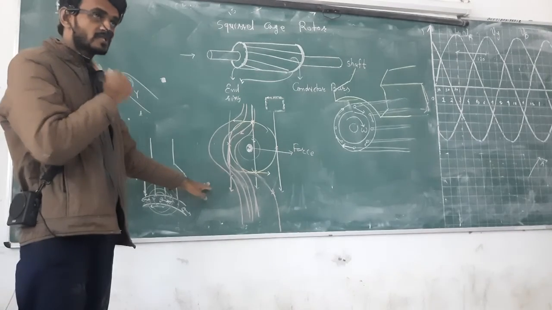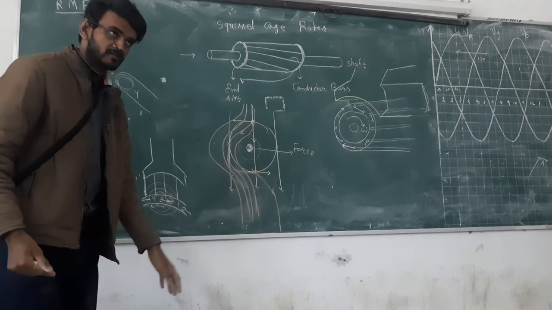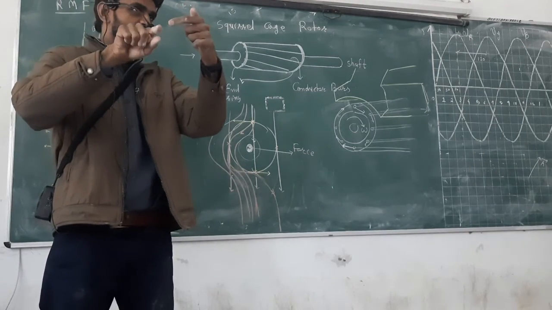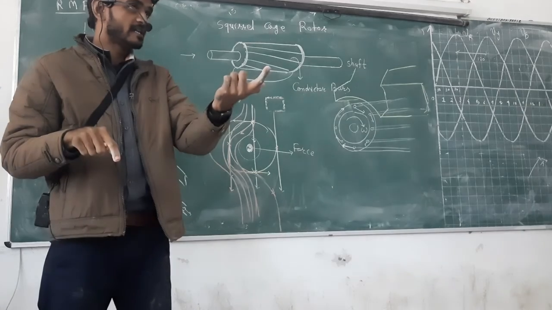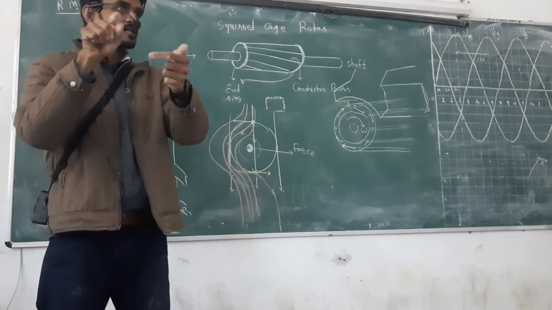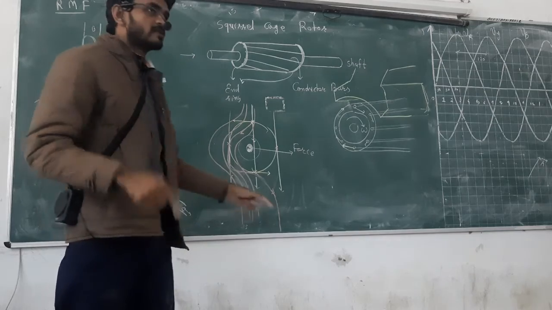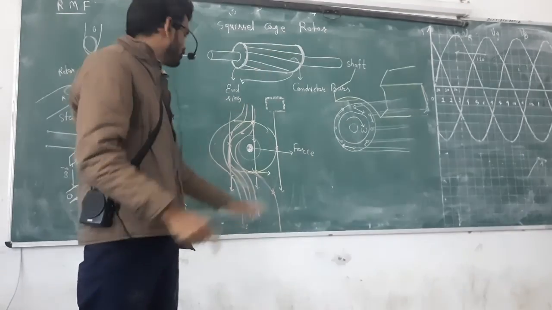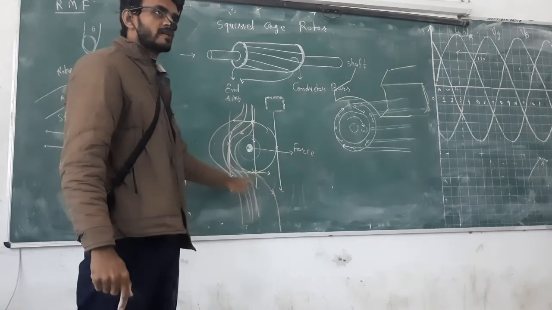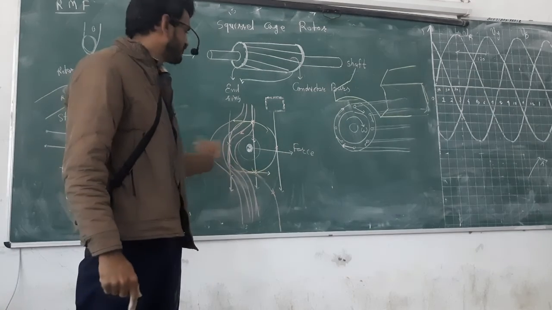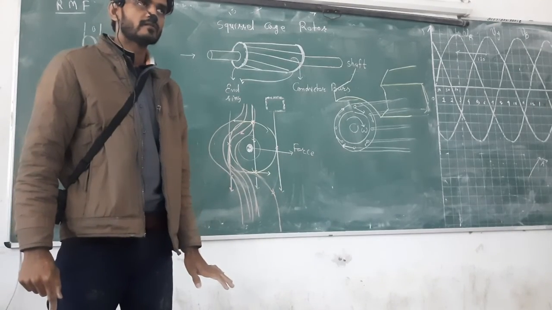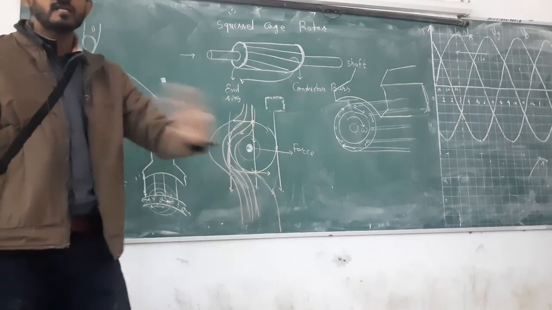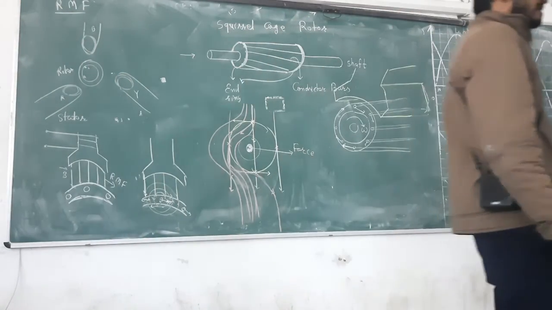Once the rotor slows down, there will be relative velocity between the magnetic field and the conductor. If relative velocity is there, the cutting process is there again, and by this process it again gives the force and again reaches the speed. With no EMF, there is no magnetic field of the rotor and no force. So in this way, the rotor cannot ever achieve the speed of the rotating magnetic field.